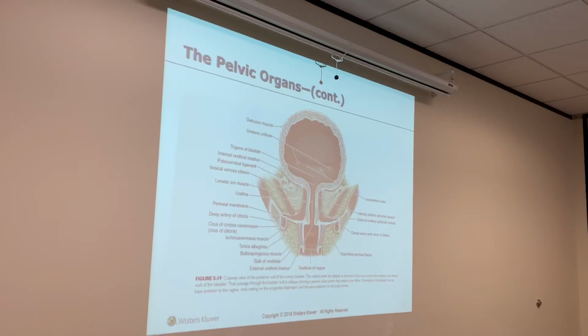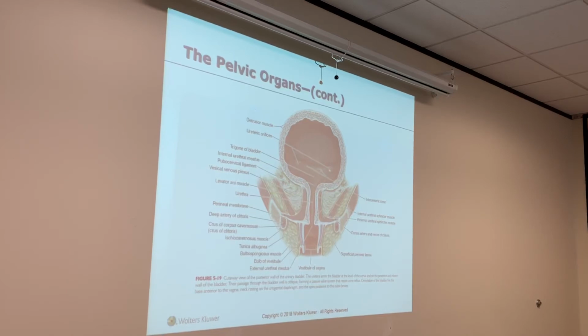Okay, so here is a bladder. You have the serosa. You have the inner layer, which is a muscle that causes the bladder to contract when we have to go to the bathroom.